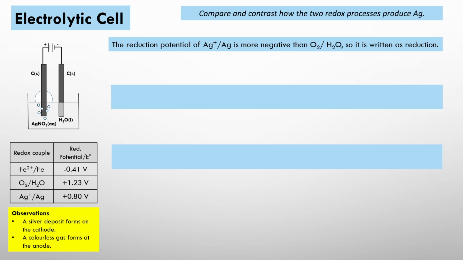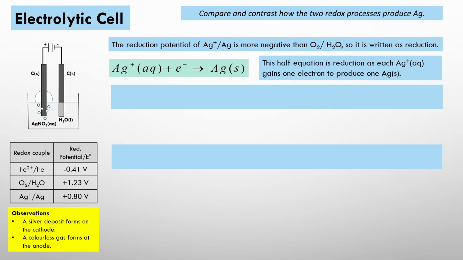So we write this as reduction, and it will look exactly the same as what we did with the electrochemical cell. In this case, because it's a solid being produced on the electrode, our explanation is going to be very similar. The half equation is reduced as each Ag+ ion gains 1 electron to produce 1 Ag solid.